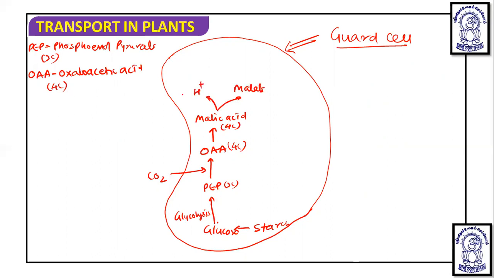This H plus goes out, and along with the same antiporter, the K plus will come inside. Now this K plus reacts with this malate, and it forms potassium malate. Now this potassium malate enters the vacuole.